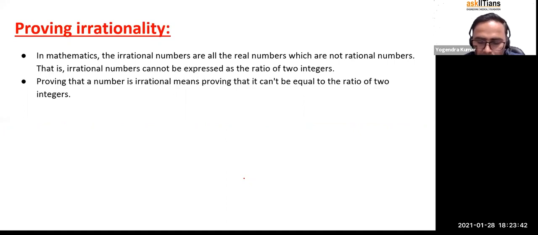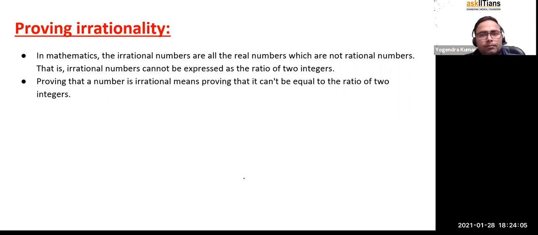And what is the definition of irrational numbers? I said real numbers are divided into two categories: either rational or irrational. So if it is not rational, then it has to be irrational. So if we know the definition of rational numbers, we can say the other one is irrational.